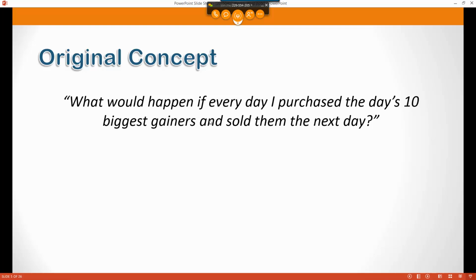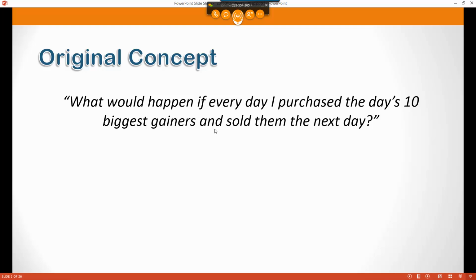My original concept for the program was that I had this idea of looking at the market, and obviously every day when you're looking at the market, you see what stocks were the biggest gainers of the day. It's very easy to find them in any kind of scanning program.